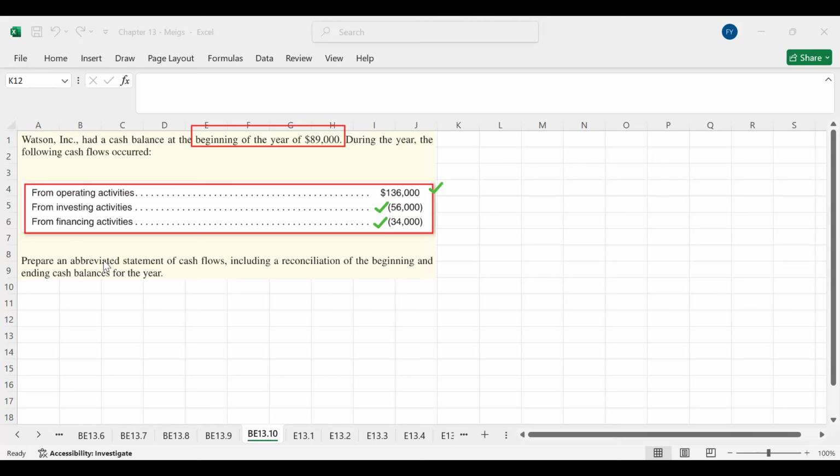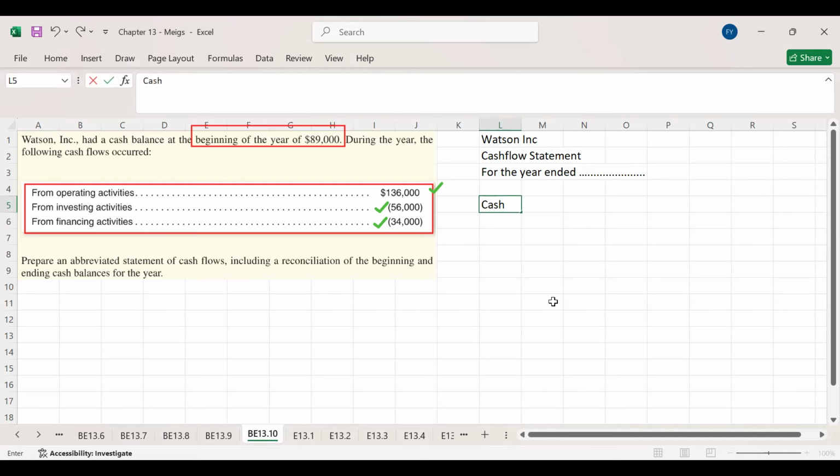What is the requirement? Prepare a cash flow statement including a reconciliation of beginning and ending balances. So, here we are going to complete this exercise. We have the name of the company, Watson Incorporation, then cash flow statement, and then for the year ended, as this is for the complete year and the time period is not mentioned, we have cash flows from all the three types of activities.